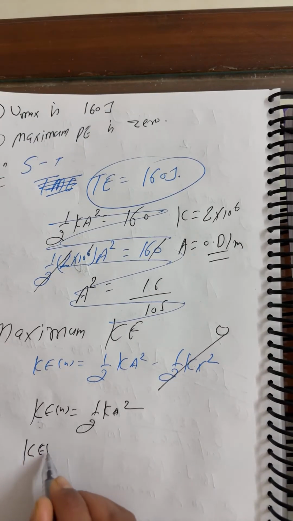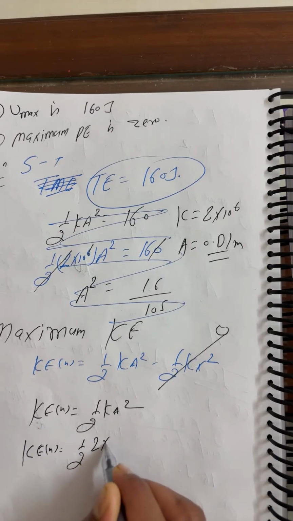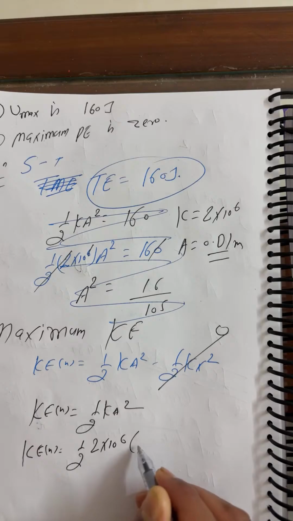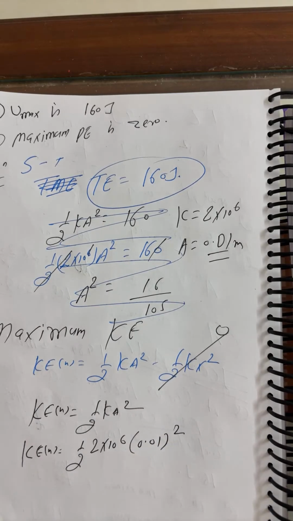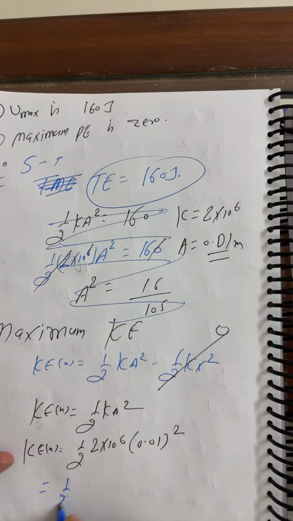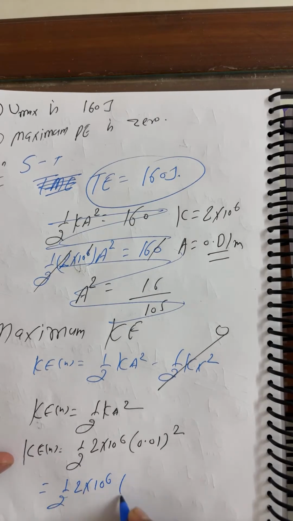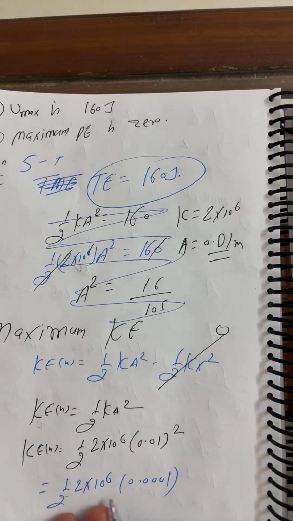So kinetic energy as a function of x is half into 2 into 10 to the power 6 into 0.01 whole square. Half of 2 into 10 to the power 6, the 4 cancels out, so we get 100 joule.